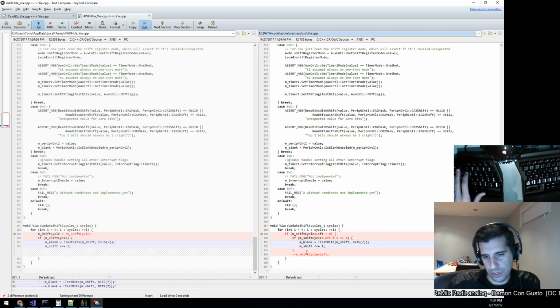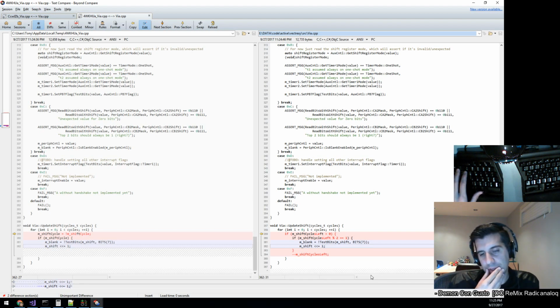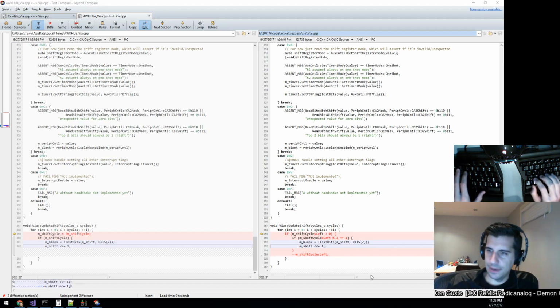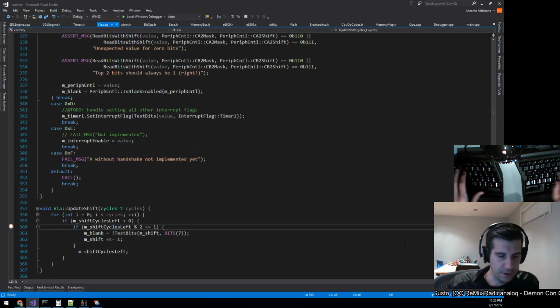Oh, and one thing I didn't do here, okay, so I didn't do the part about enabling and disabling, which now that I have this whole concept of shift cycles left, I could know if the shift register is enabled by checking whether shift left cycles is greater than 0. Because once it reaches 0, it's disabled. No, actually, yeah, that's it. I can just do what I used to do here.